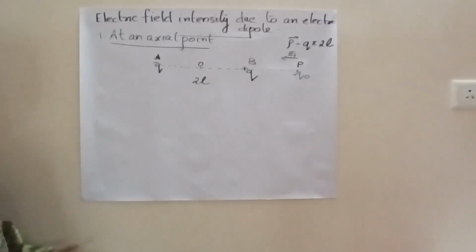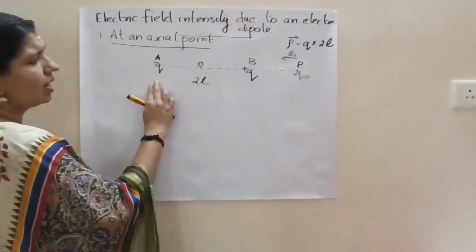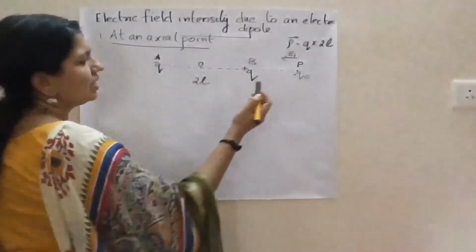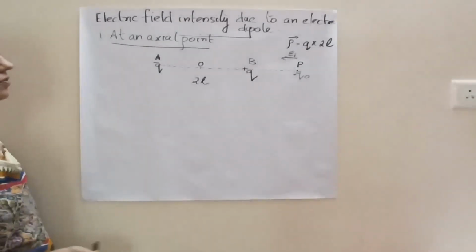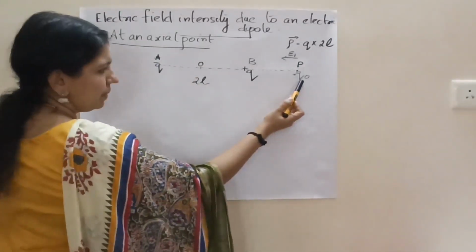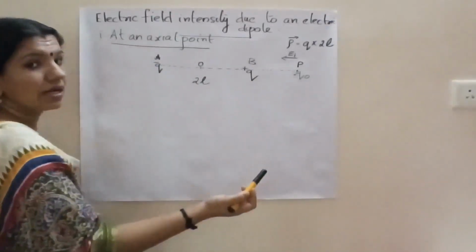Here, since there are two charges, minus q and plus q, this q naught will experience two forces. The first one is because of minus q and plus q naught, which is an attractive force.